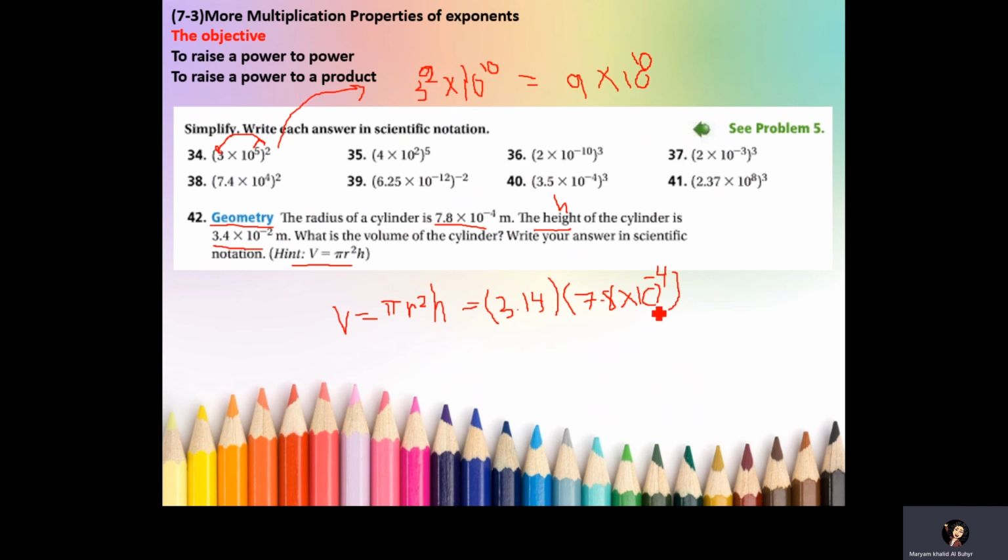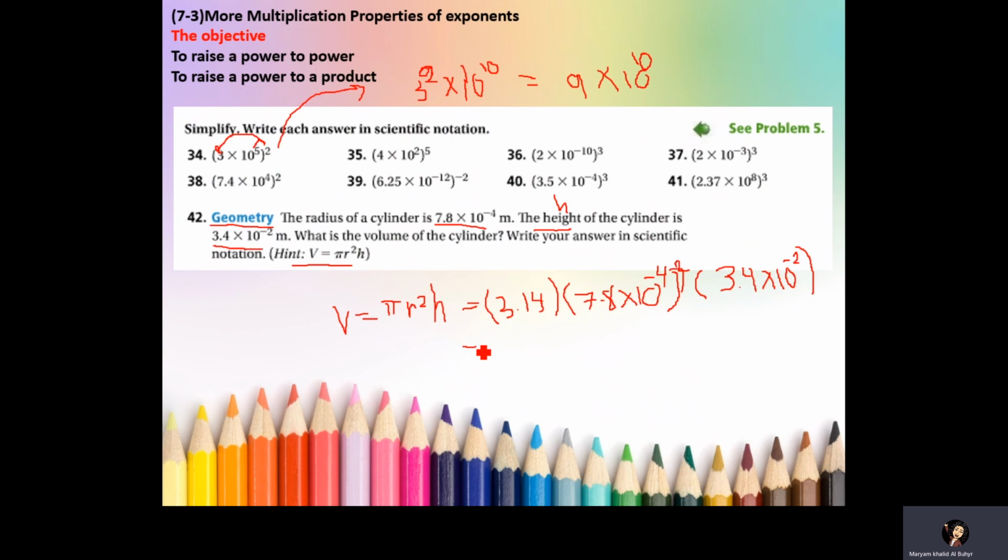Remember, that's all to the power 2 times, from where this 2? From the rule, which is for all the r. It could be one number or it could be something like this. So I have to distribute my power. 3.4 times 10 to the power -2.